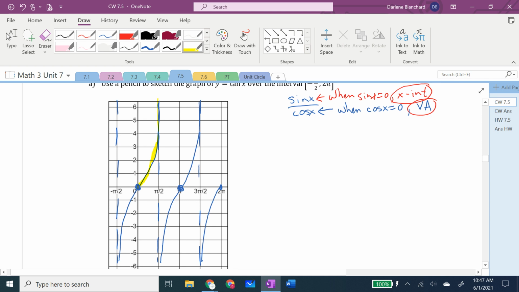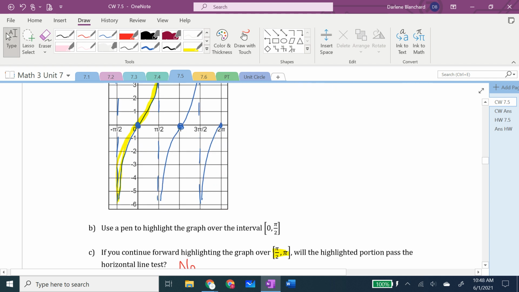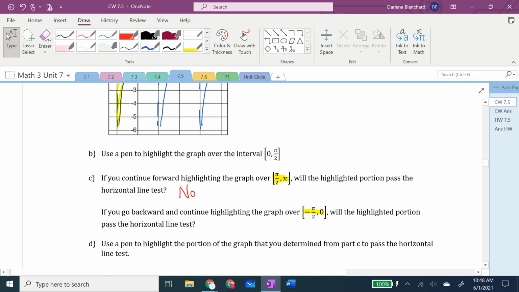So because 0 and pi have the same y coordinate, I can't use 0 to pi. But if I go backward and I highlight where the graph exists from 0 back to negative pi over 2, I can see that this section does pass the horizontal line test. And that is why it is the official interval that we use.